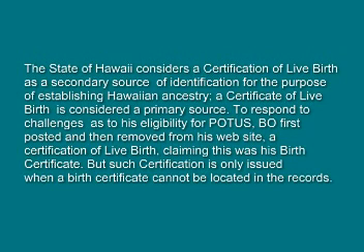To respond to challenges as to his eligibility for President of the United States, Barack Obama first posted and then removed from his website a certification of live birth, claiming that this was his birth certificate. It is not. But such a certification is issued only when a birth certificate cannot be located in the records. Folks, that is it right there.